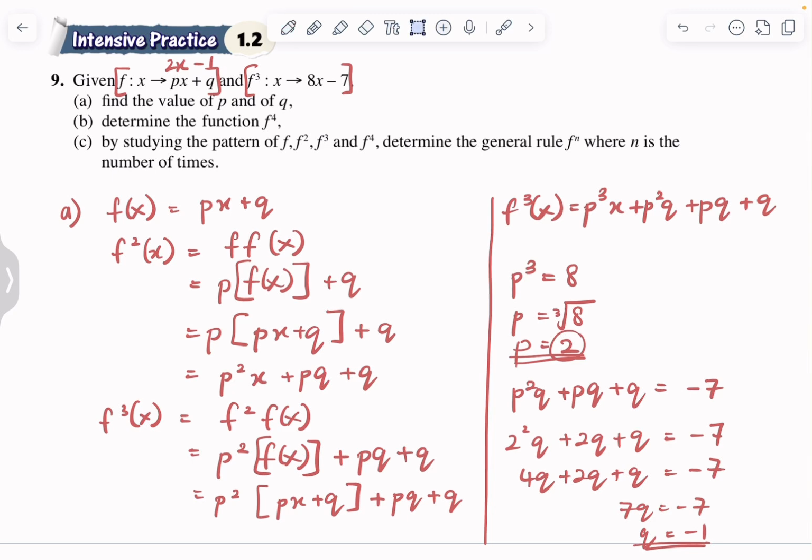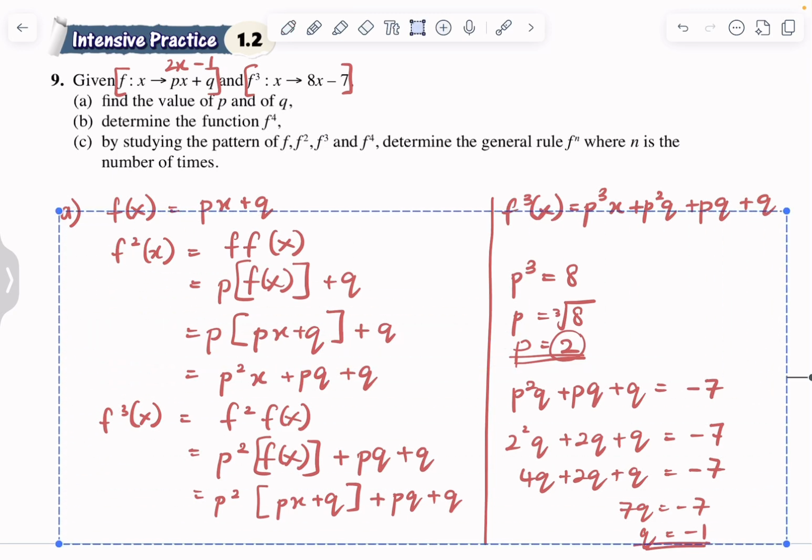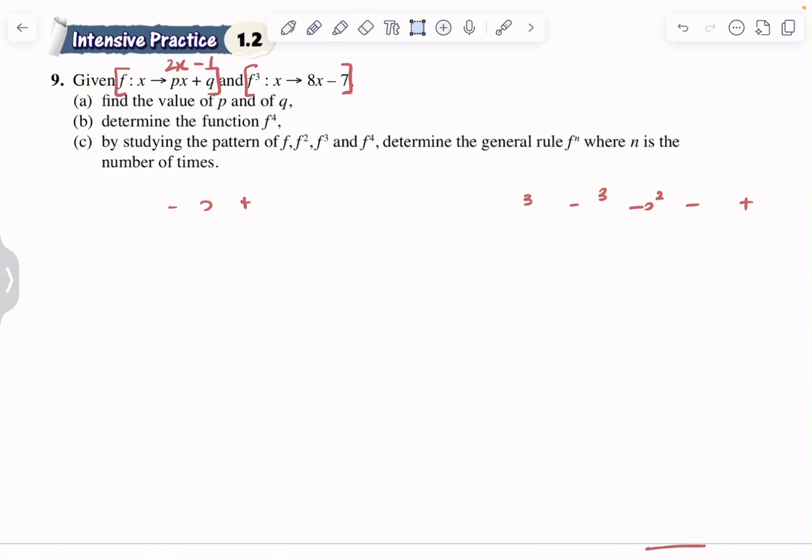Then we can erase all this. Right. B. Determine the function of f4 x. So f4 x is the same as f cube of f(x). So we know f cube of x is 8x minus 7.